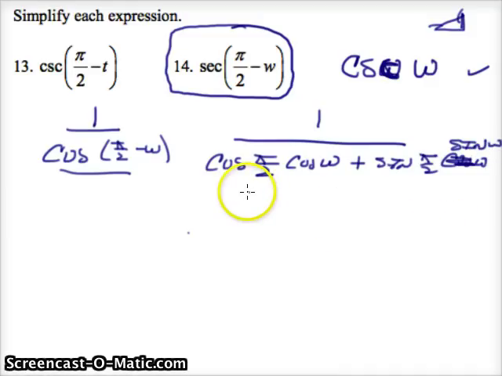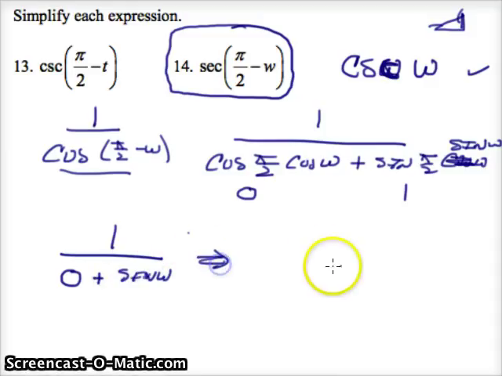Okay, what is cosine of pi over 2? Hey, that's 0. What is sine of pi over 2? That's 1. Let's rewrite this. 1 over 0 plus sine of w. Now, that is going to be 1 over sine, but everybody knows that's just equal to cosecant.